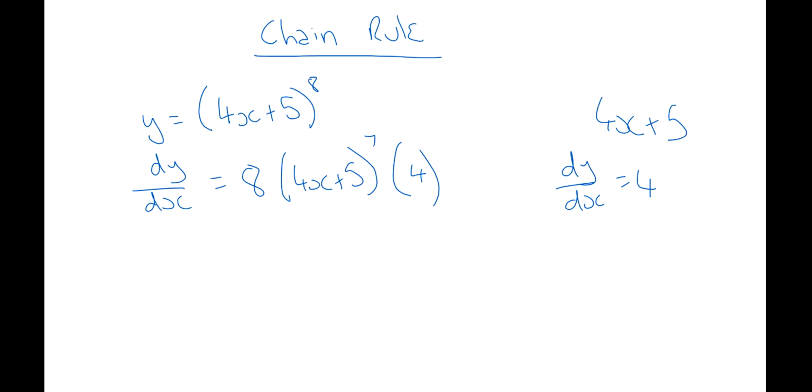So 8 times 4 is 32. So actually it's 32 (4x plus 5) to the power of 7. It's not that difficult, but you just have to remember that one little extra step.